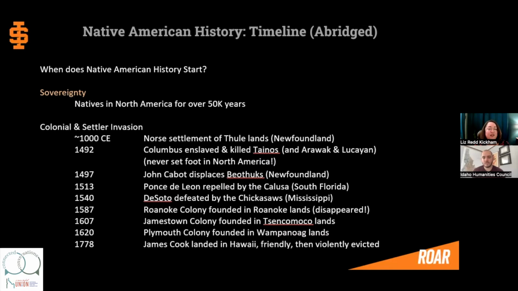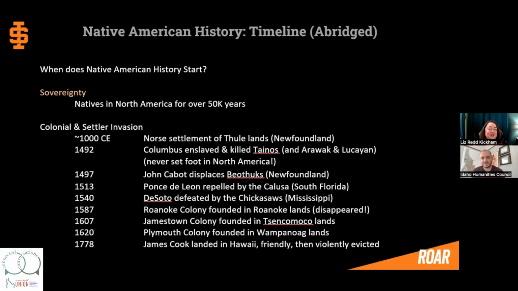So one of the things that often gets left out as well is if we look at the date 1513, when Ponce de Leon, he actually was in South Florida, but got repelled by the Calusa. So he was not successful in conquering the Calusa, nor was De Soto successful in conquering the Chickasaws. And we still don't know what happened to Roanoke, but we have some suspicions, right?